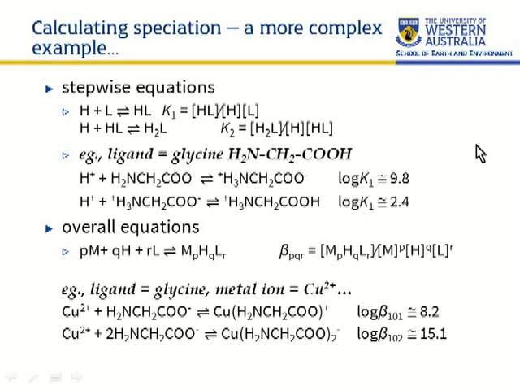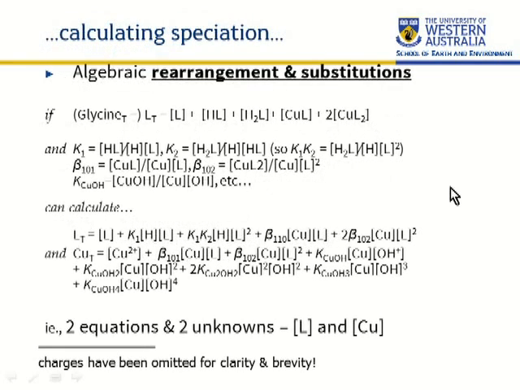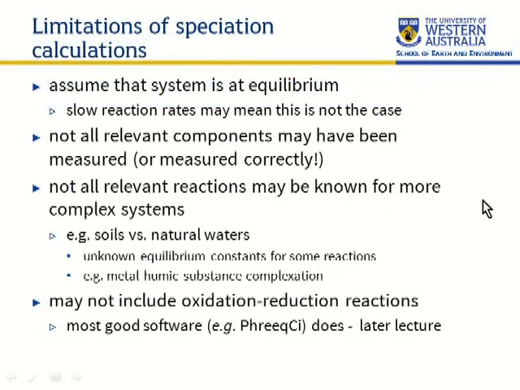So it's an amino acid which can both accept and lose hydrogen ions. Again, we calculate mass balances, we do our substitutions. Again, we end up with two equations and two unknowns, and so on. Okay, so that's the process now.